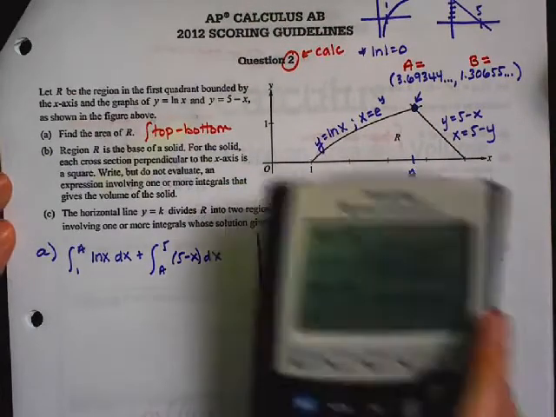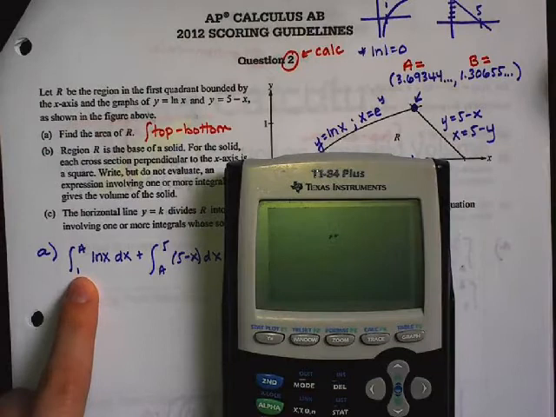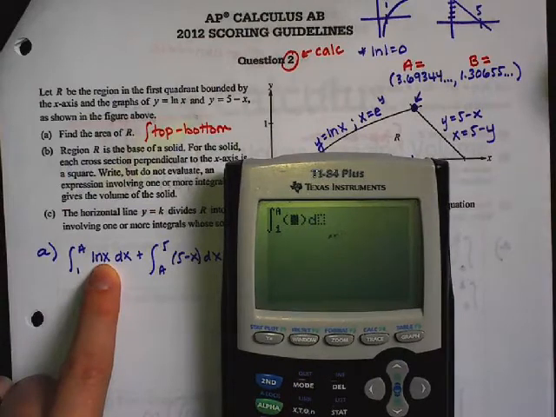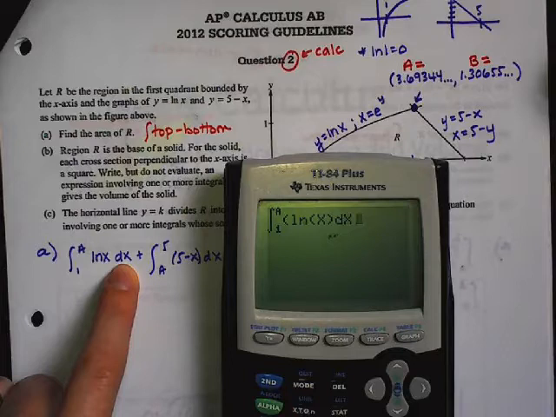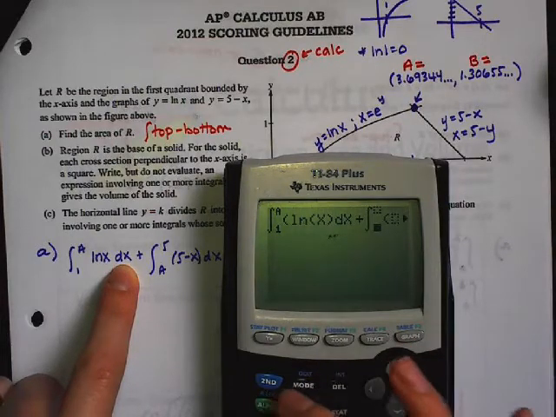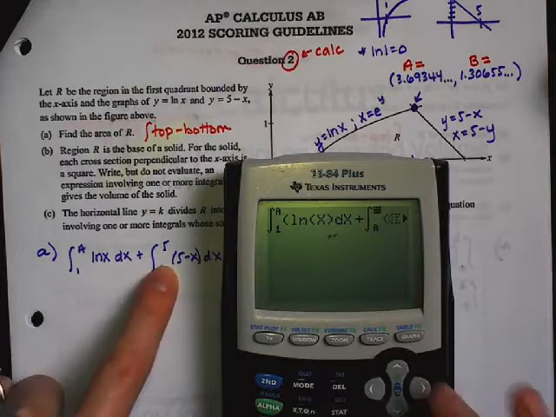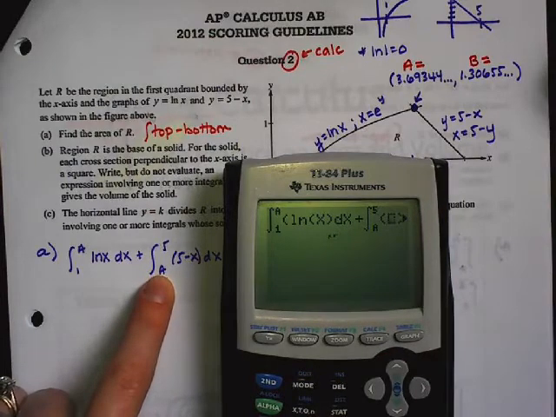I'm going to type that into my calculator now. So I'm going to have the integral, so math 9, from 1 to A of ln of x dx plus, I'm also integrating from A until 5 of 5 minus x dx.